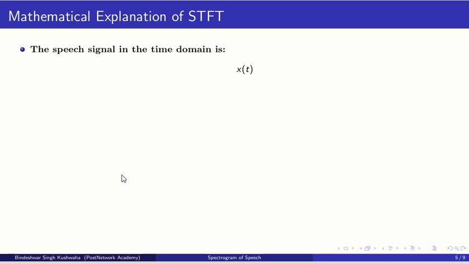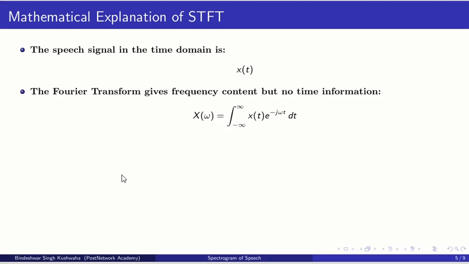Now let us understand the mathematical explanation of STFT. So basically the speech signal in the time domain is denoted as x(t), and the Fourier transform gives frequency content, but no time information.